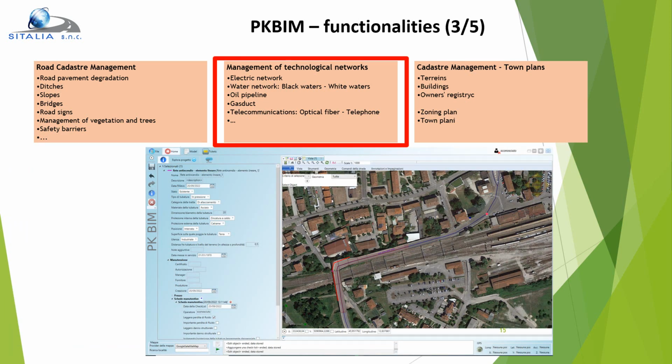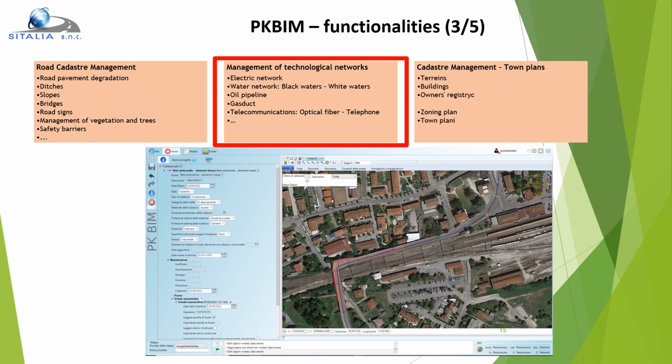Technological networks: we have a module now with all technological networks, and so for each specific element, we have an anagraphic part for the object, and after we have created a checklist that you can add to evaluate the maintenance condition of the object.